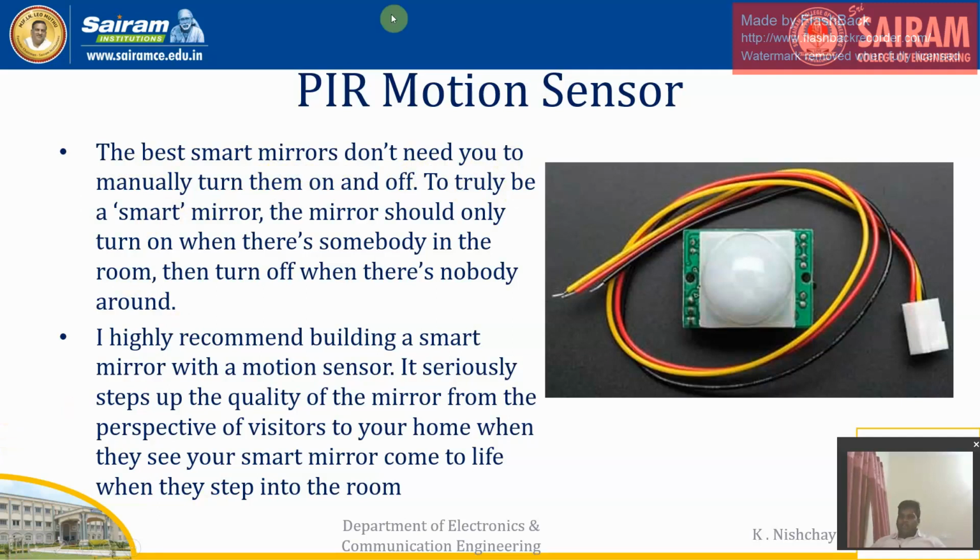Whenever a person goes in front of the mirror, he would get irritated turning the smart mirror on and off. So the PIR motion sensor plays a main role there. Whenever a person goes towards the mirror, it automatically turns on, and when a person goes away from the mirror, it automatically turns off.